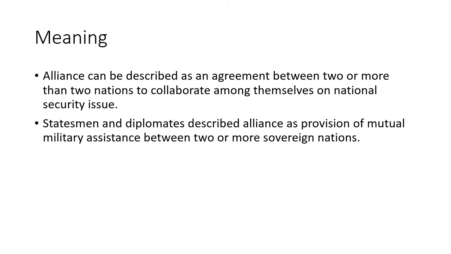The military gain or the security issue is the central idea in alliance. You can define alliance as an agreement between two or more nations to collaborate among themselves on national security issues. This is the important component.